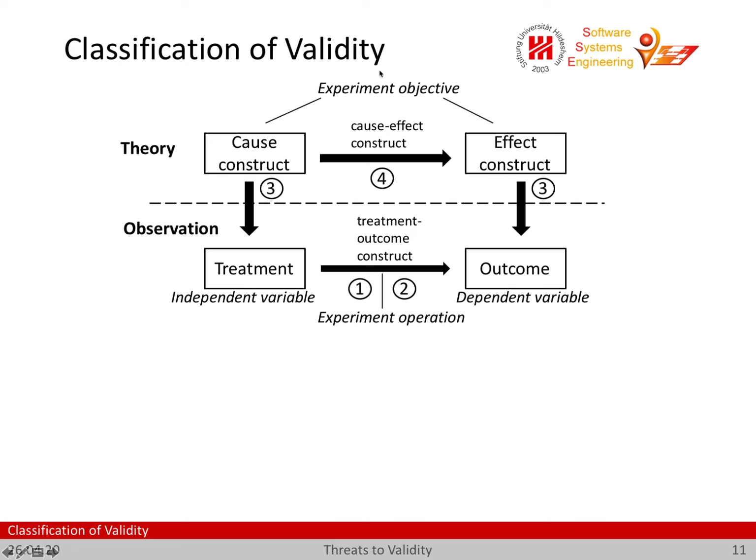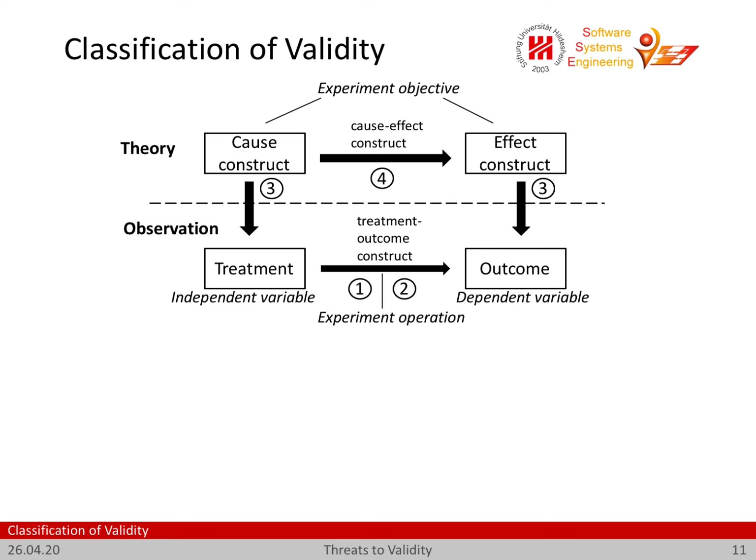This is shown on the upper half of the graphic, and we want to draw conclusions based on observations, on empirical studies in the real world. And actually all of that is embedded in a larger cycle, as I discussed earlier, in the sense that we draw conclusions from the experiments, we may refine our theory, and so on and so on.